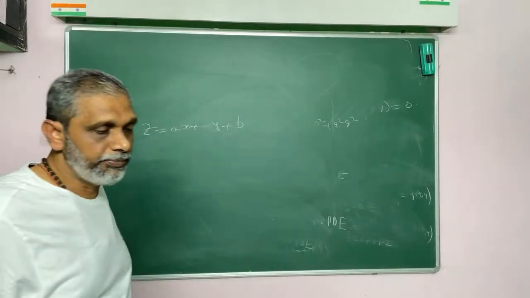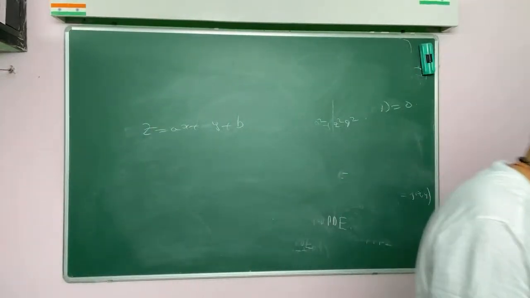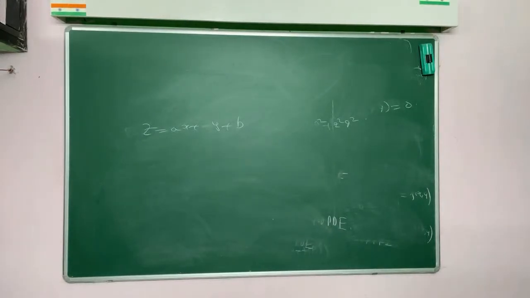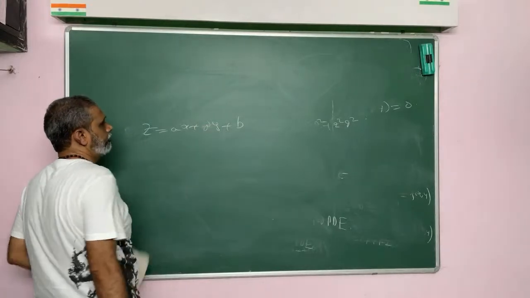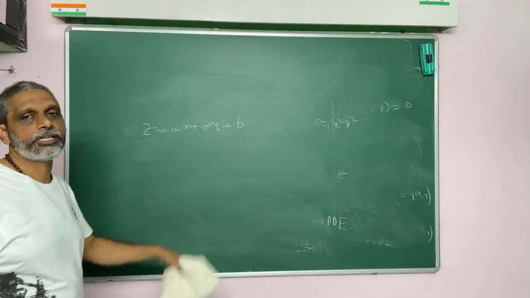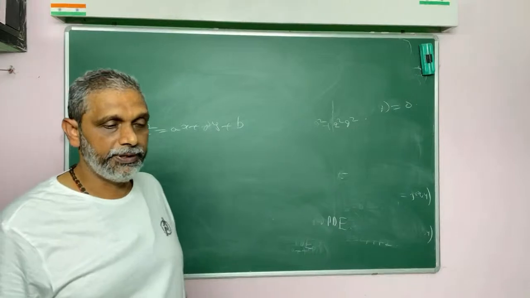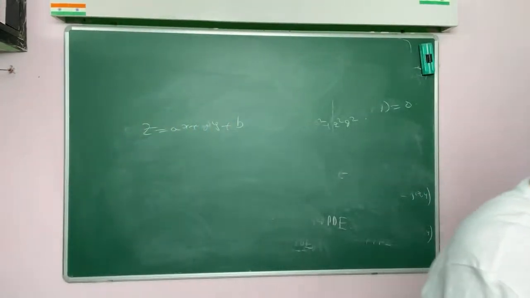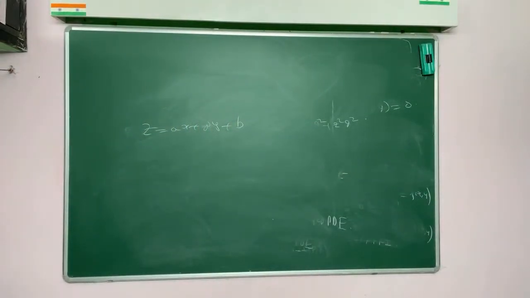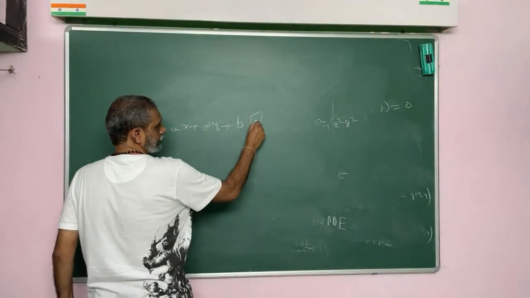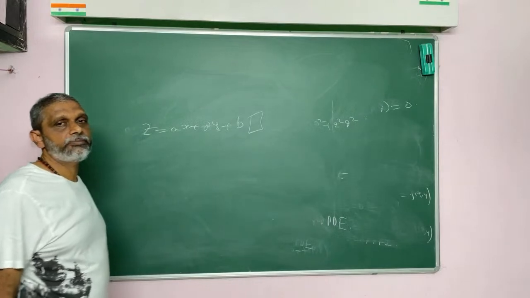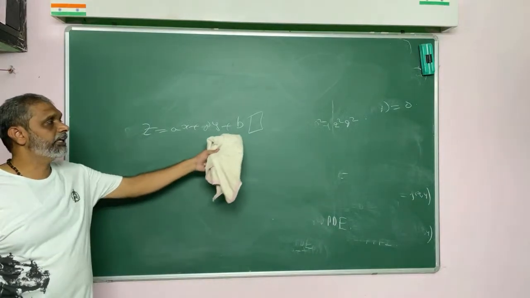But can you remove the b? If you want, you can write it also, no problem. p is equal to a, q is equal to a. From this, both you can write p is equal to q. But can you remove b? No. Whatever may be, if you differentiate with x and y, a only will get. With this constant there is no variable. If we have some variable, then we are able to solve. So we cannot remove b.